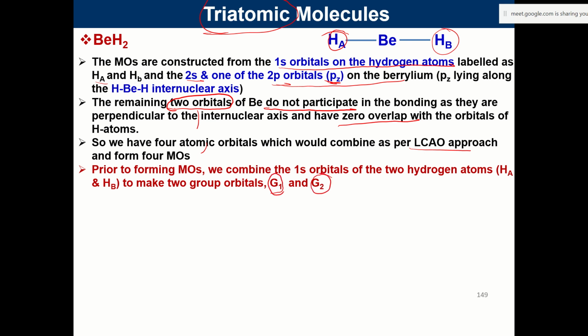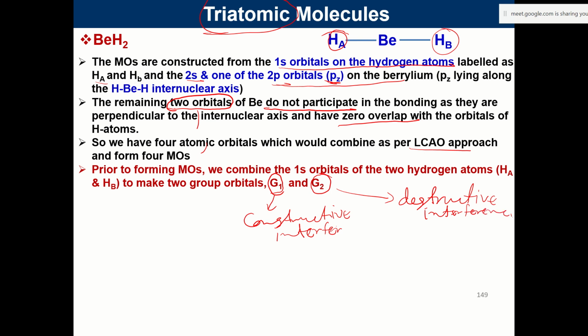G1 is due to the constructive interference, and G2 is due to the destructive interference. So we will first combine the 1s orbitals of the two hydrogens.